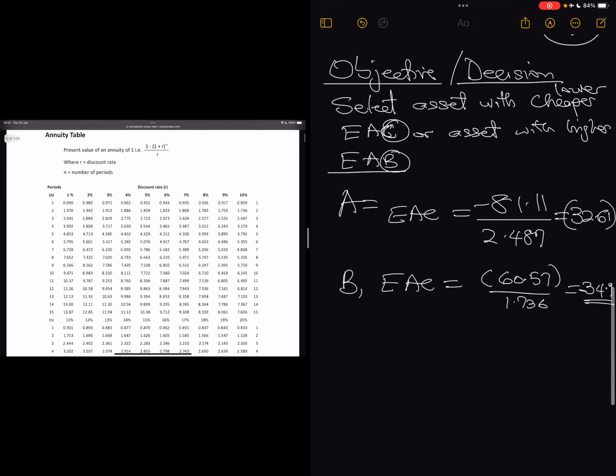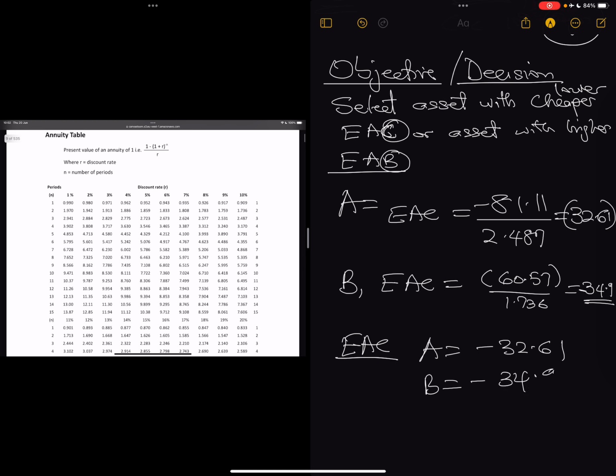So now we have the EAC for both assets. A is negative 32.61, B is negative 34.9.